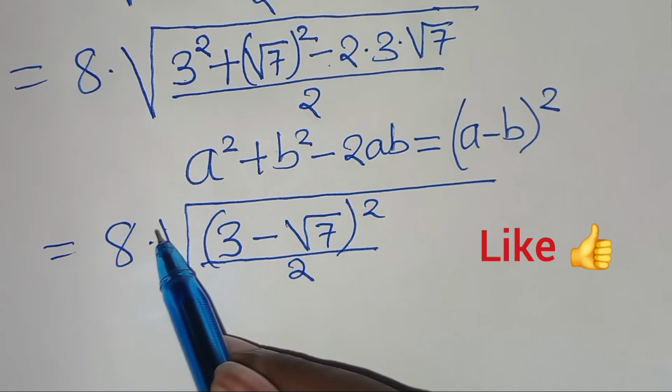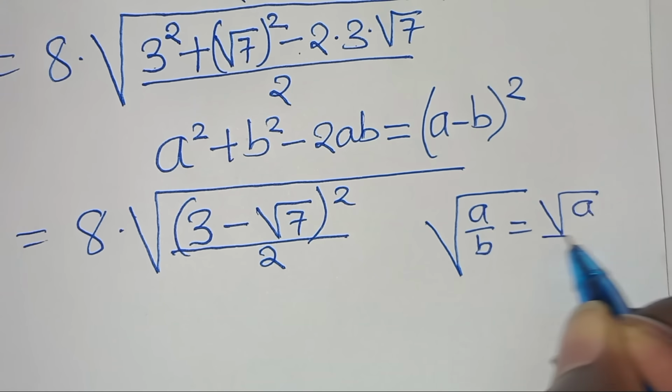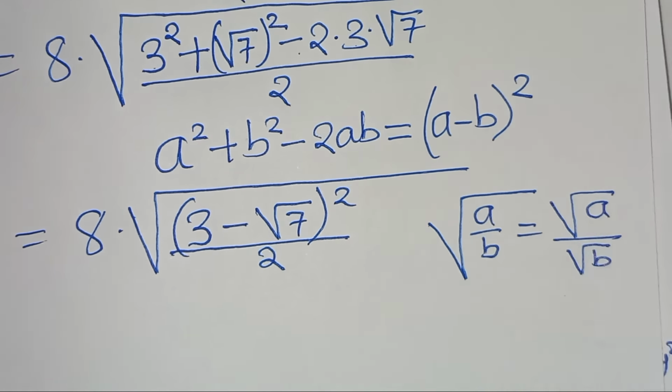Now you find that the square root of 3 minus square root of 7 to the power of 2 over 2, this is in the form of square root of a over b, which we can express as the individual square root of a divided by square root of b.